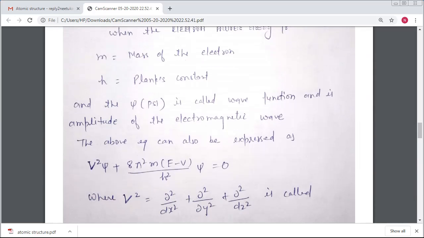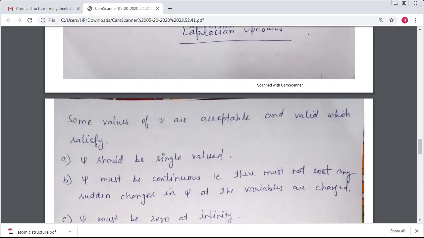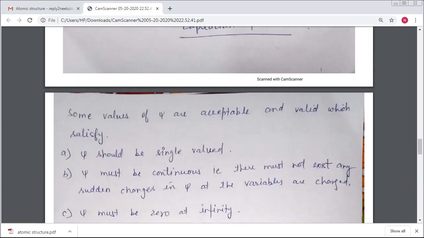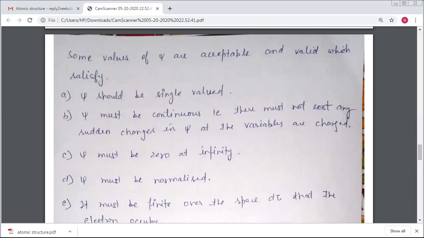Now, only some values of psi are acceptable and valid, those which satisfy some conditions. The first point is that psi should be single valued.